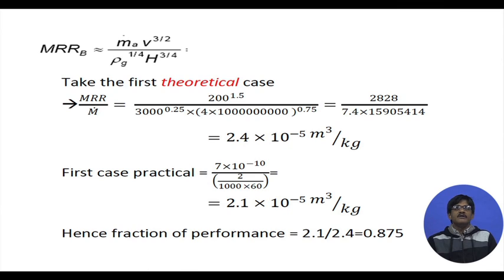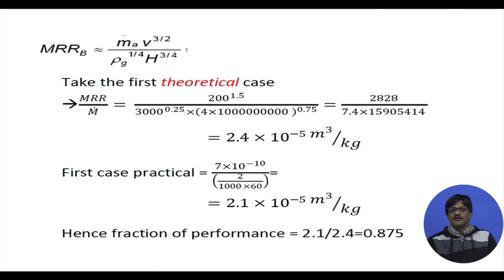And therefore, we have put in the values. Let us see the first theoretically predicted value of the performance index. How much is that? 200, the gas jet velocity, to the power 1.5, divided by rho g, the density of the abrasive grits, 3000 to the power 0.25, multiplied by hardness of the workpiece, 4 GPa, converted to pascals, to the power 0.75.